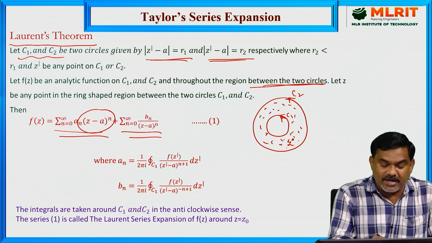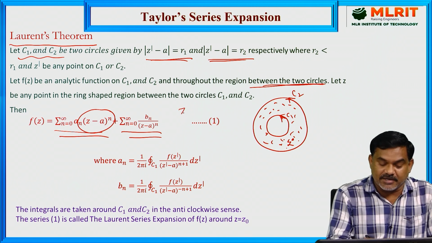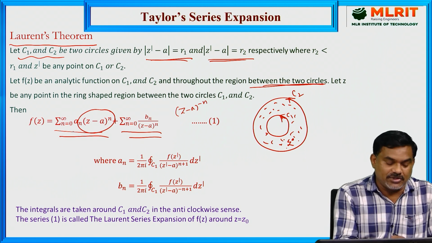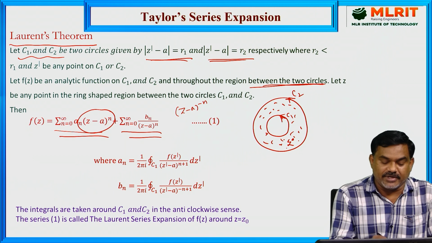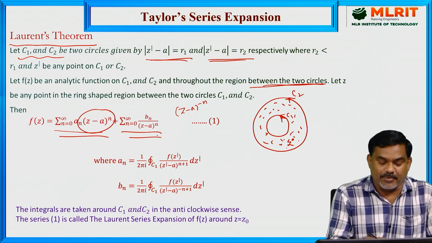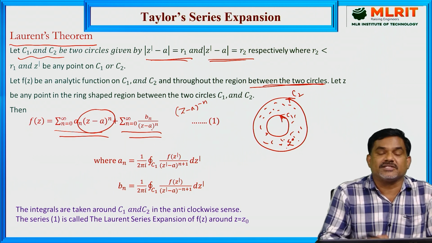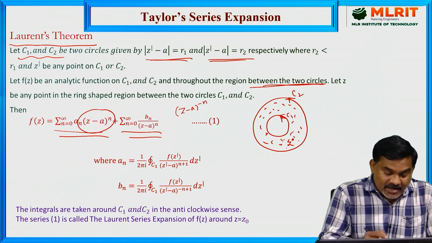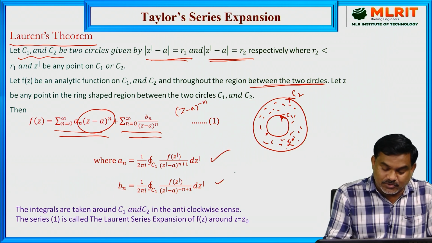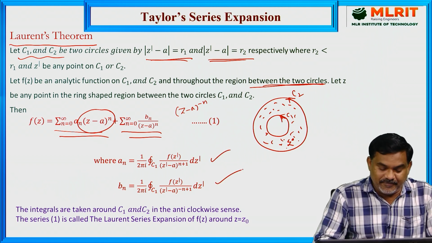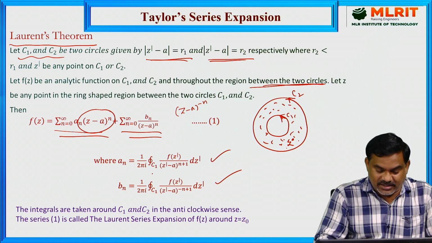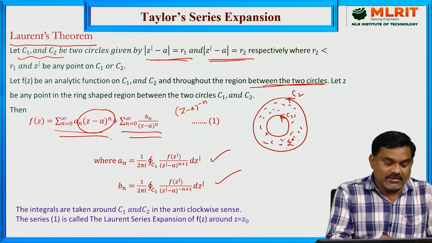Here we have z minus a power n; if you write this in the numerator, that becomes z minus a power minus n. So it is sigma n equal to 0 to infinity a n into z minus a power n, plus sigma n equal to 0 to infinity b n by z minus a power n, or b n into z minus a power minus n, where a n and b n are given by these two formulae. By integrating along the two circles, we can find a n and b n.